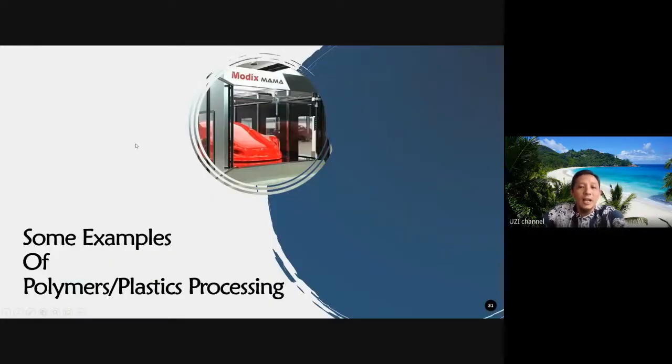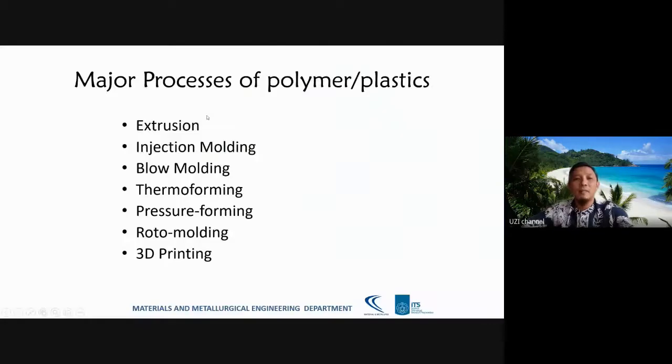Okay, we have some examples of polymer or plastic processing. There are actually many processes from traditional to modern, but these seven major processes are used in both home scale and big industrial scale.